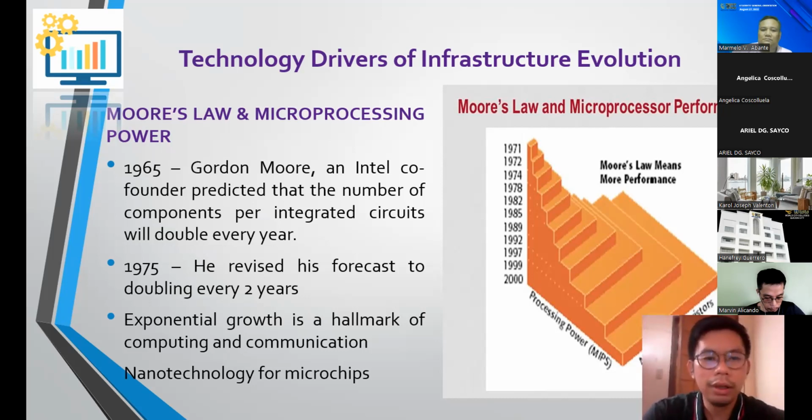An Intel co-founder, he predicted that the number of components per integrated circuit would double every year. The insight of Gordon Moore became a prediction, and later on a law, due to the impact of his statement, which came from noticing emerging trends in chip manufacturing at Fairchild Semiconductor.